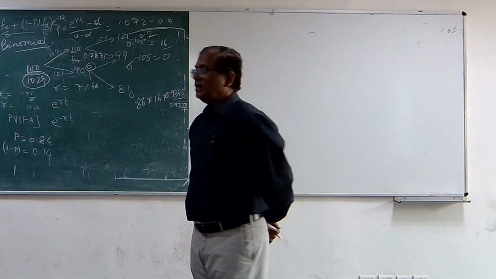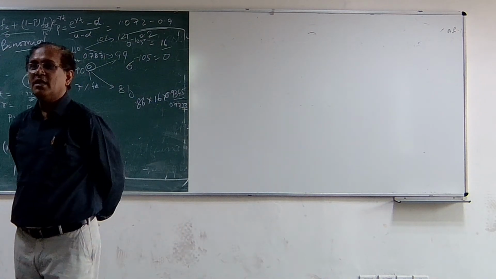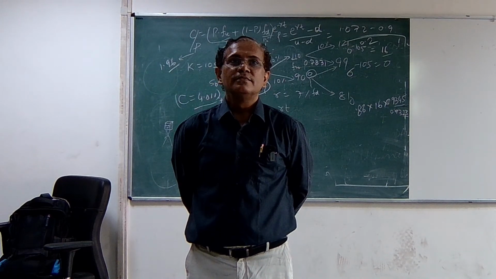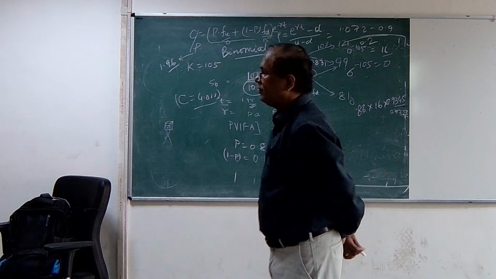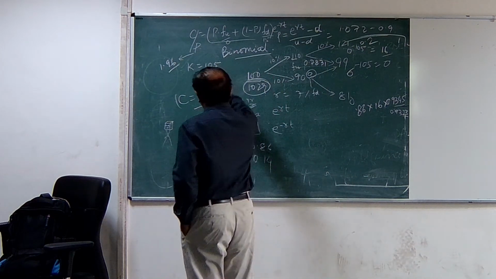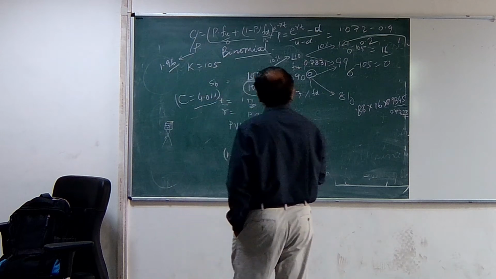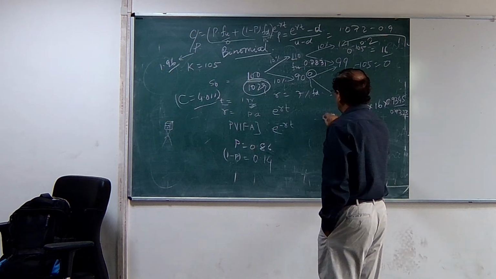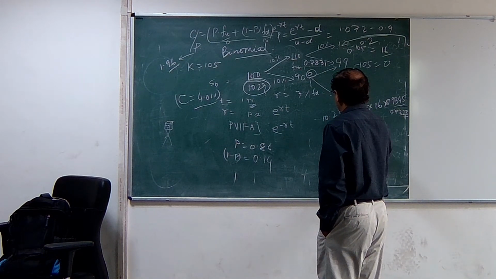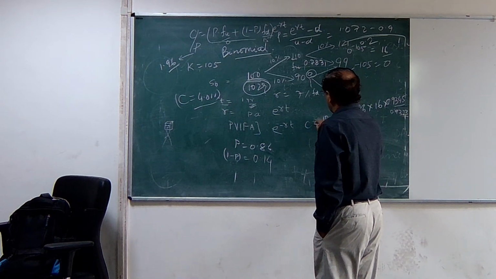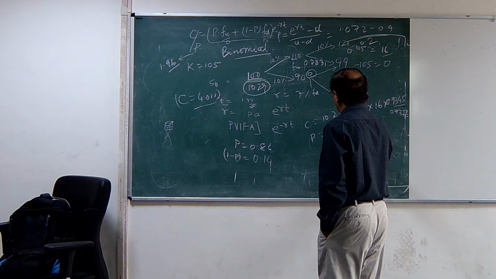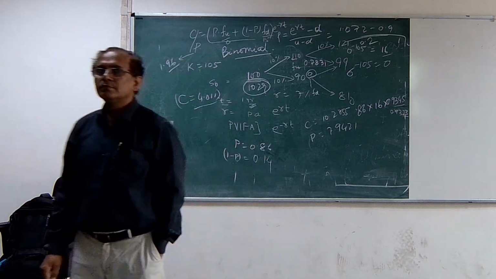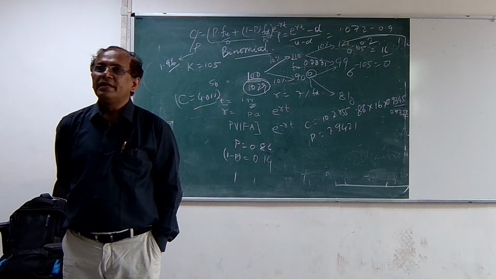Okay, very good. This is the reflection: the moment you get a feel of calculation, you will find out calculation becomes very fast. 7.94. So how much was the call premium? 10.2855. So here it is, call was 10.2855. Put premium is how much? 7.94.